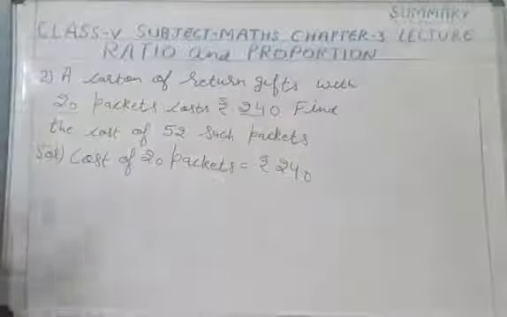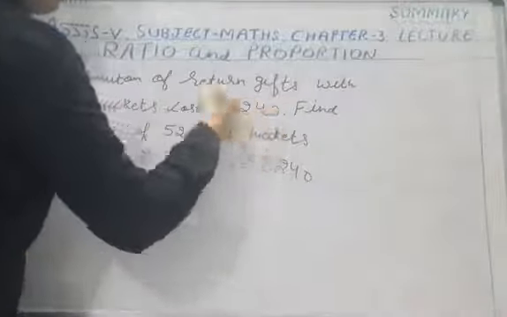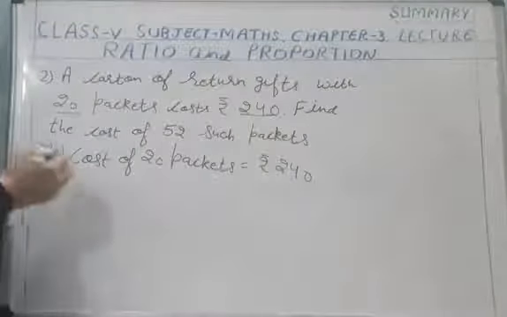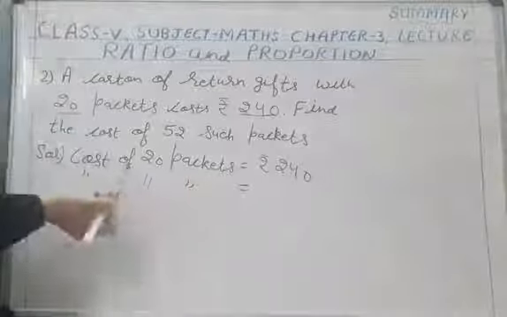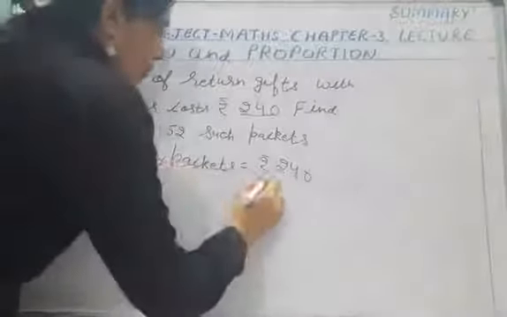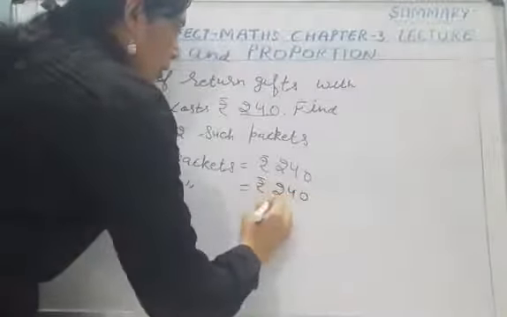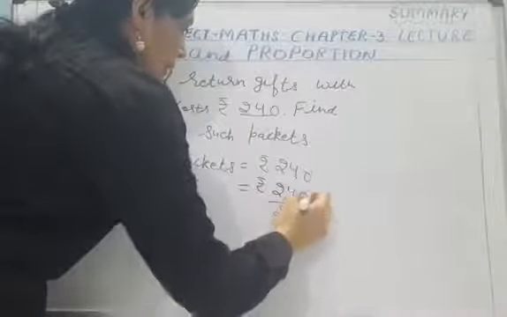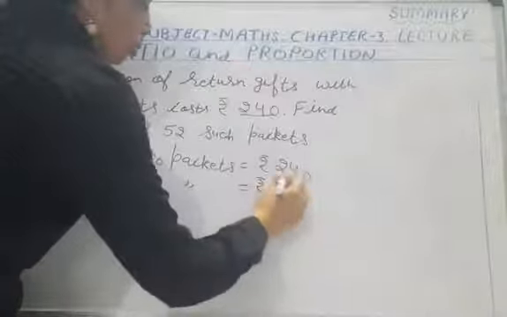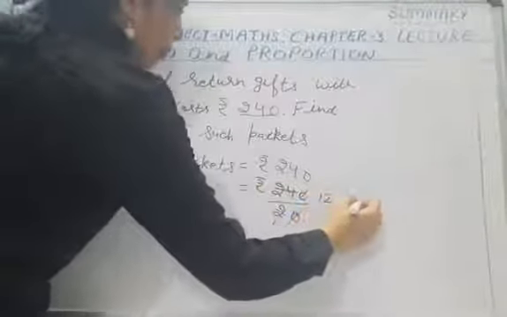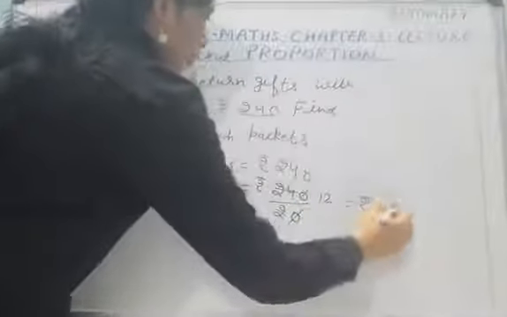Whenever we are going to start the solution, we will start from the given one. Then cost of one packet. वन पैकेट की कॉस्ट प्लस होगी, सो रुपीज 240 डिवाइड बाय 20. कैंसिल द 0, राइट? 2 1s are 2, 2 1s are 2, 2 2s are 4. So cost of one packet is rupees 12.